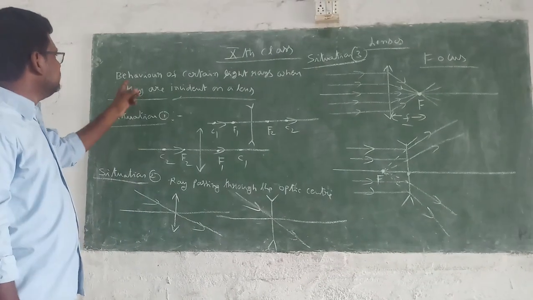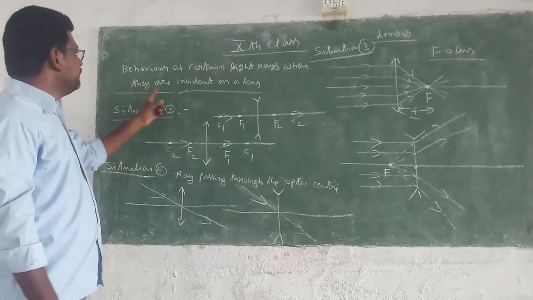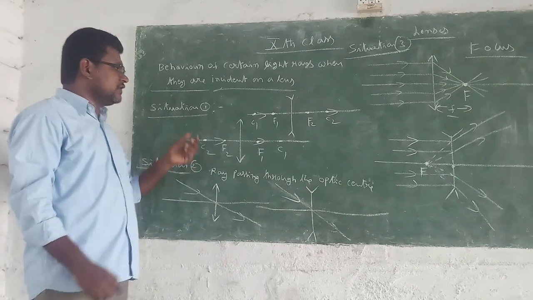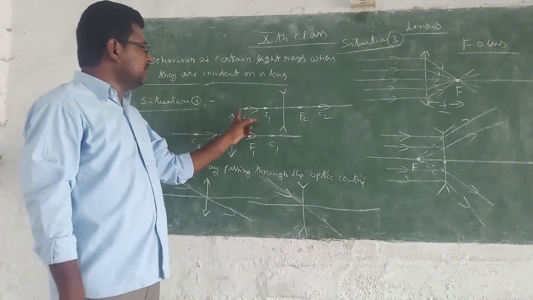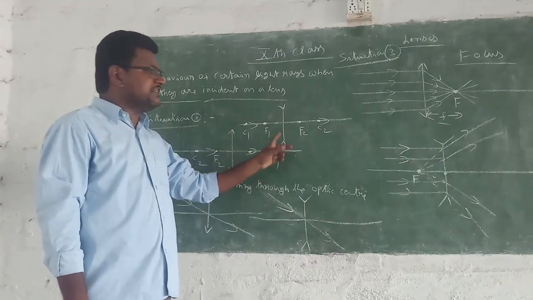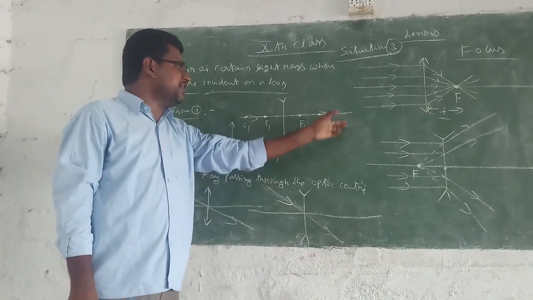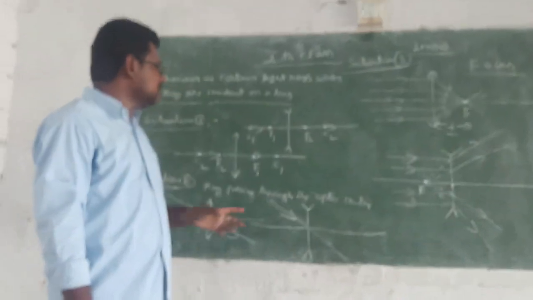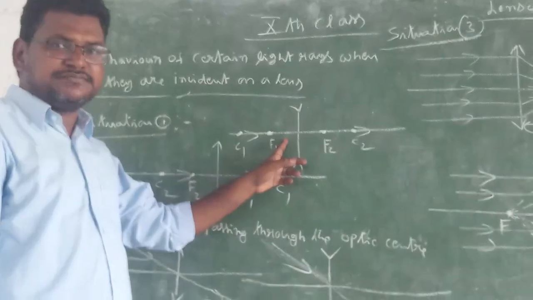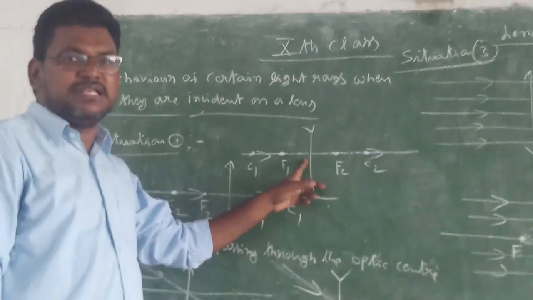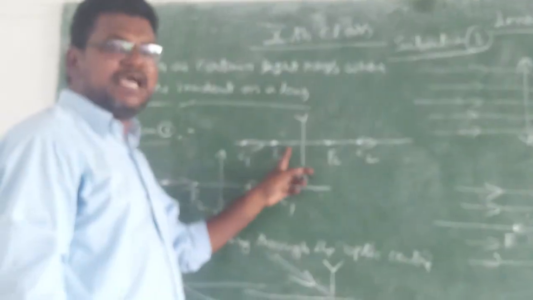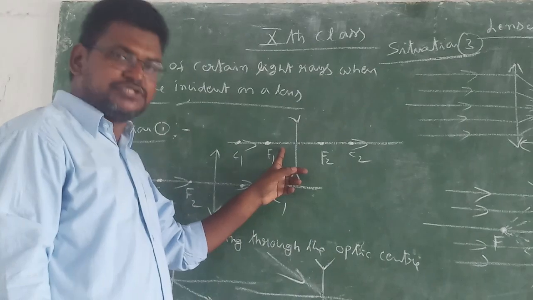Now let's see the behavior of certain light rays when they are incident on a lens. Situation 1: when a light ray is incident along the principal axis, after refraction it passes in the same direction without any deviation. The light ray incident along the principal axis is incident normally. When a light ray is incident normally, the angle of incidence i is equal to 0.